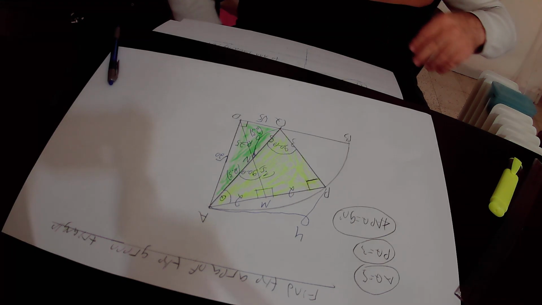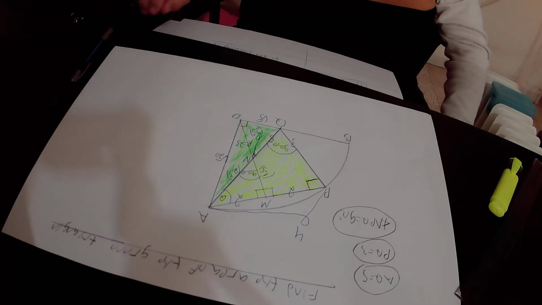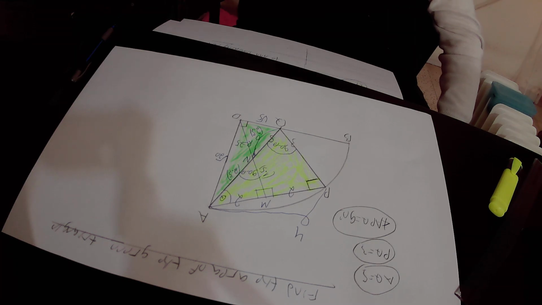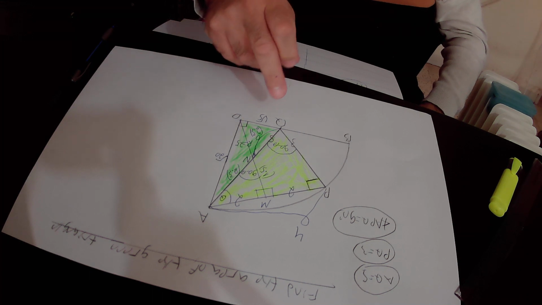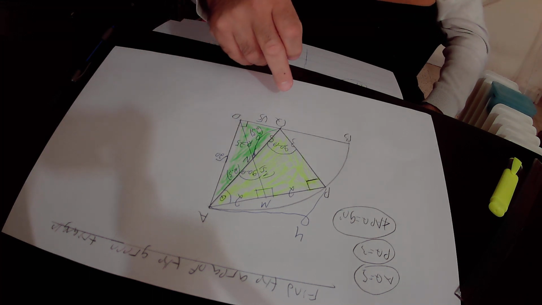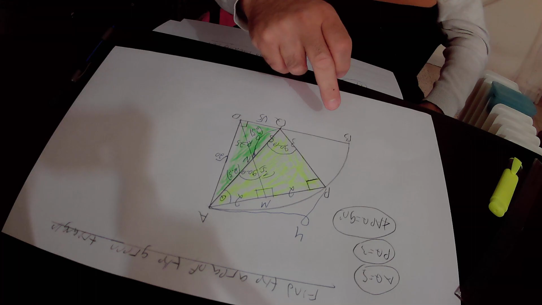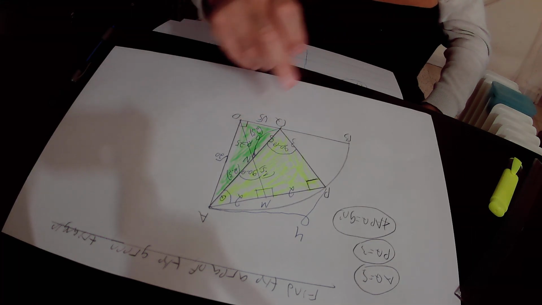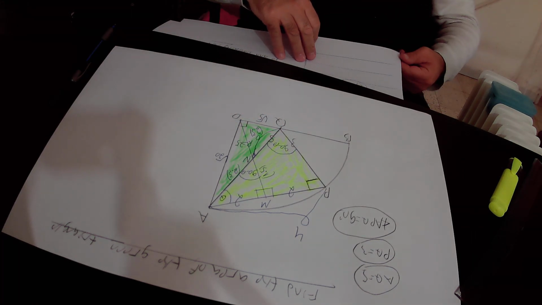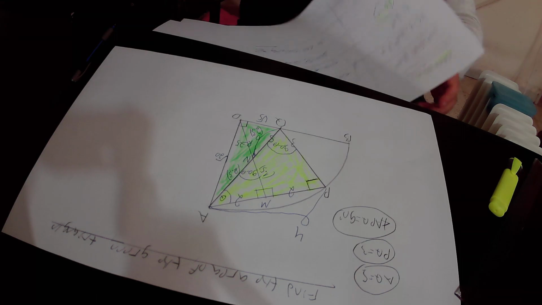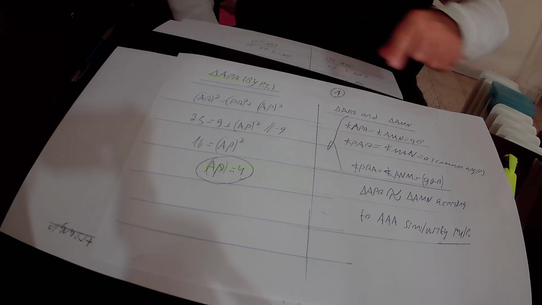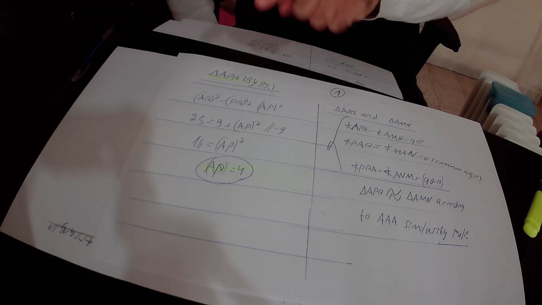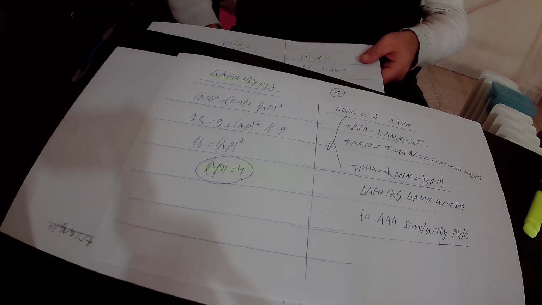According to the Pythagoras theorem, in any right triangle, the square of the hypotenuse equals the sum of the squares of the perpendicular sides. The hypotenuse in the right yellow triangle is AQ, therefore AQ squared equals PQ squared plus PA squared. AQ equals 5, so AQ squared is 25.